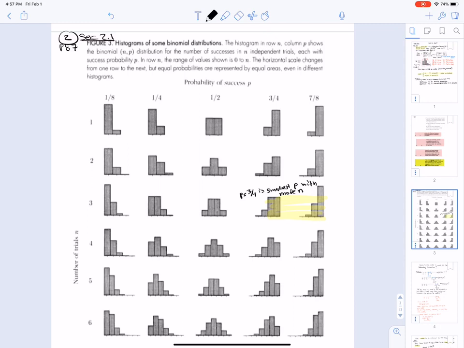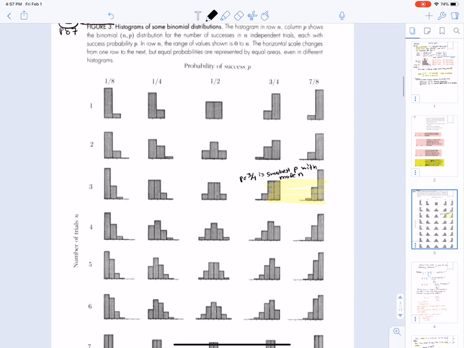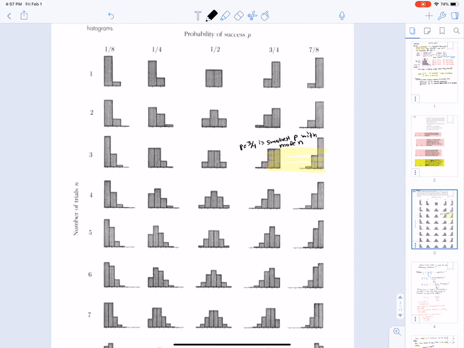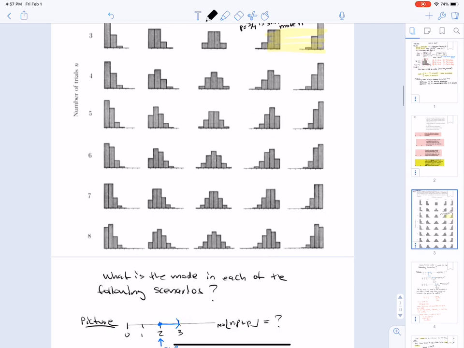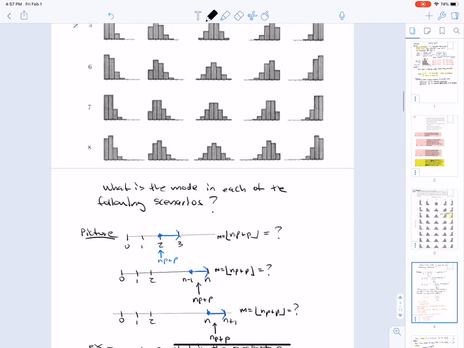If you look at n is 6, p would be 7/8. Okay, so let's just take a look at this. What's the mode in each of the following scenarios?